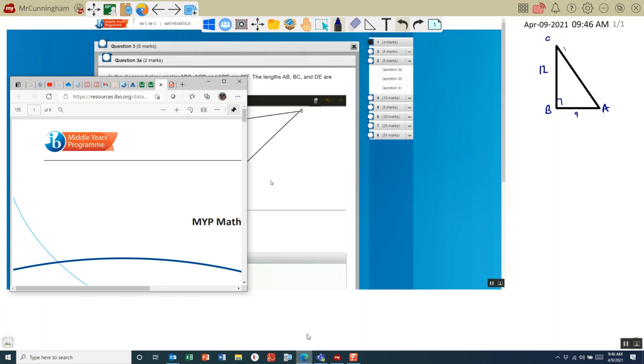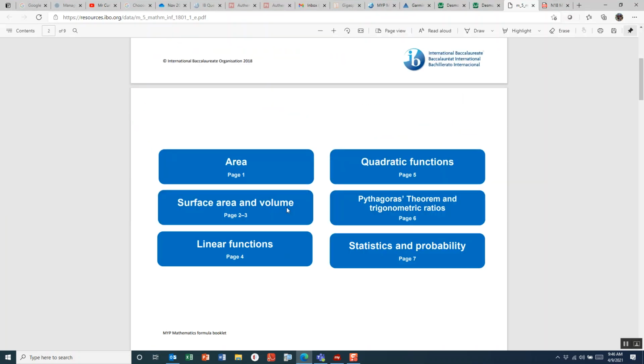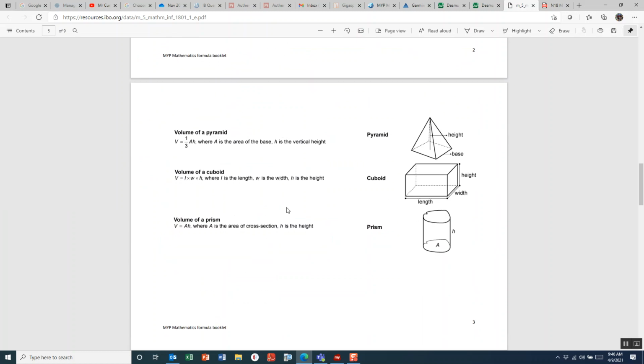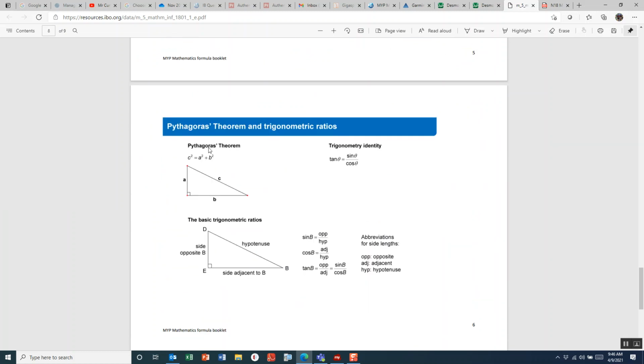Pythagoras' theorem is given to you in the formula booklet, so you don't need to remember it. Here it is on page 6: the longest side squared is equal to the shorter side squared plus the other shorter side squared.